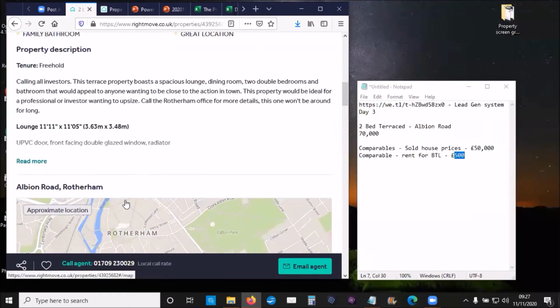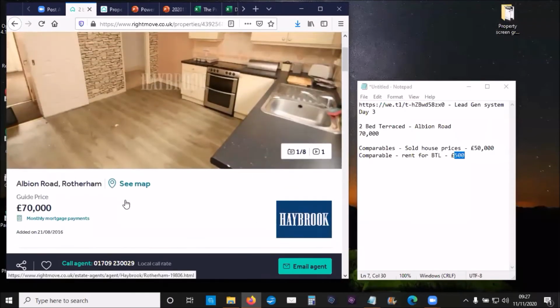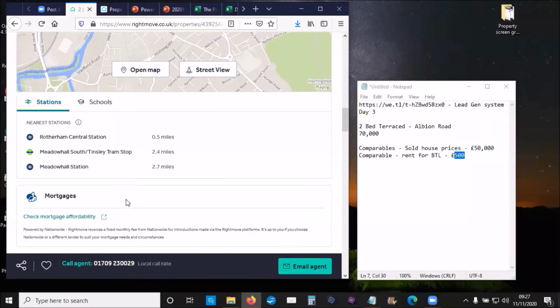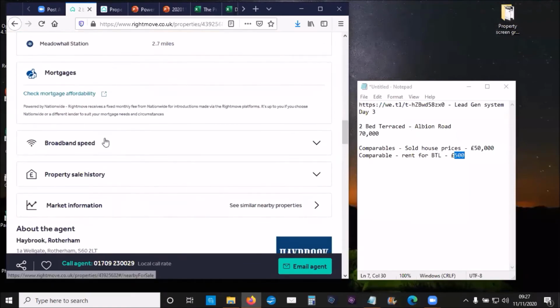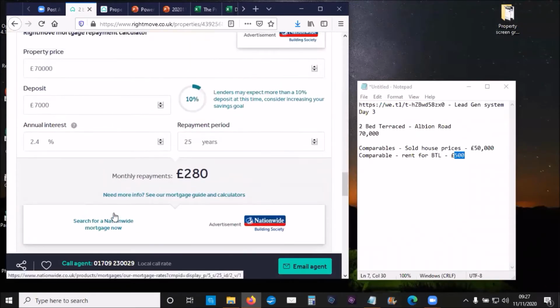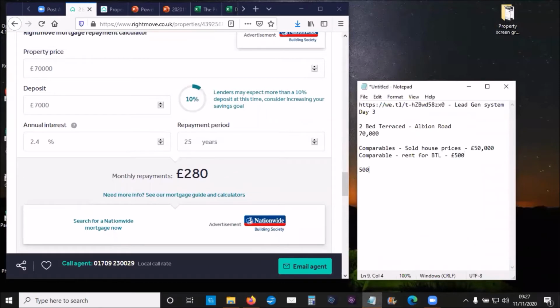They've completely changed what this looks like from yesterday. Yesterday, we were able to see the mortgage amount, and today we are not able to see that. Oh, here it is. £280. That's fine.